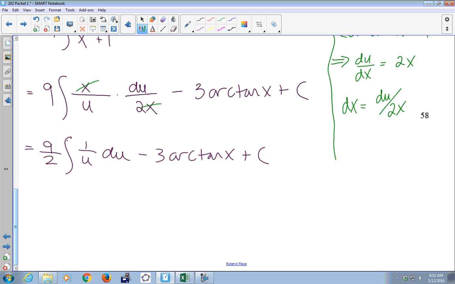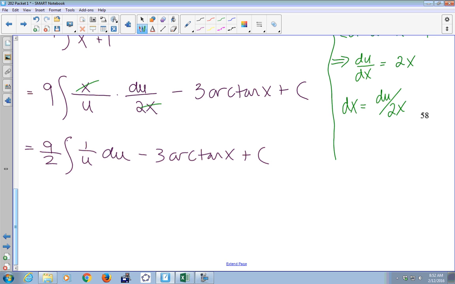I have not taken any antiderivatives yet. All I've been doing is replacing one variable with another variable. In the integral that we're working on, we haven't taken any antiderivatives yet. Now that I have only u's and no x's, I have changed everything to u.